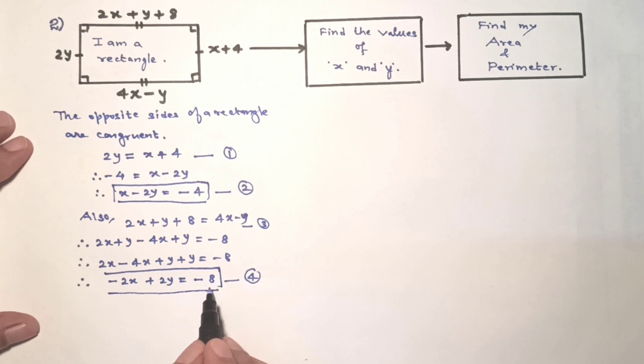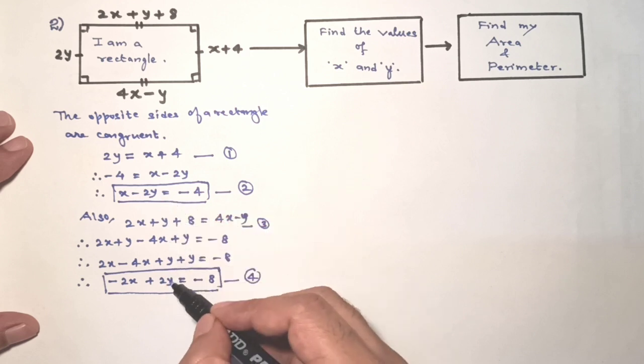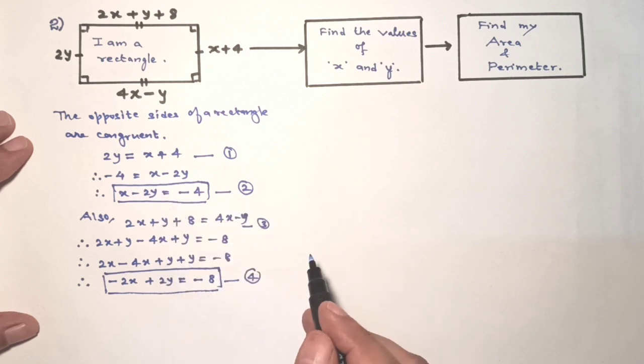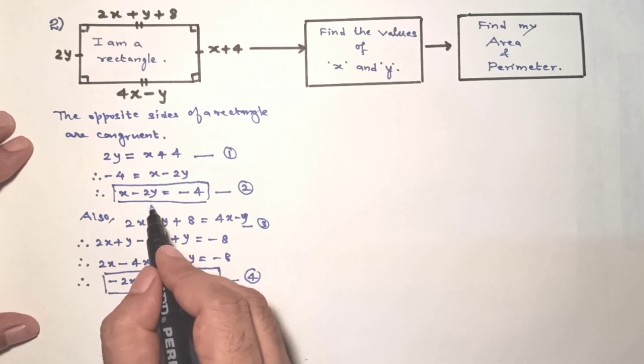I could have further simplified, but I'm not simplifying because I got here 2y and here also 2y. So 2y, 2y, they are easily equated, so I don't want to simplify further. Otherwise I would have simplified by dividing by minus 2. I stopped here because I'm getting here 2y and here minus 2y.